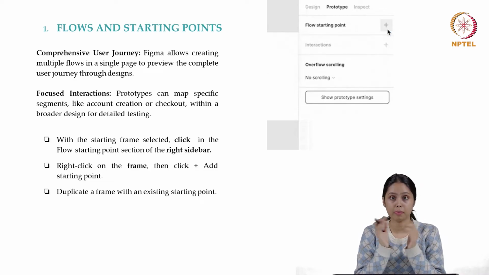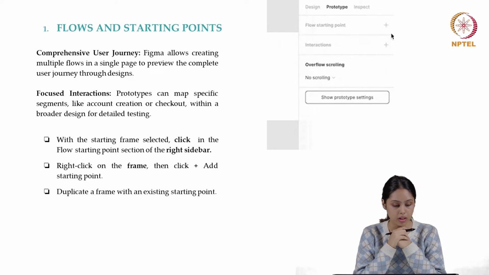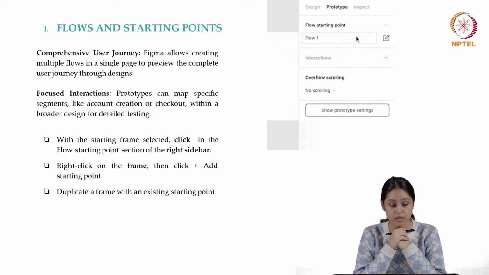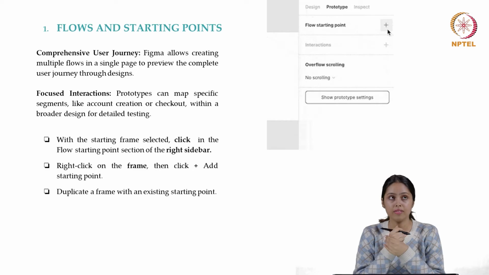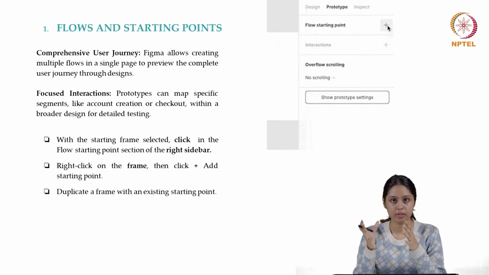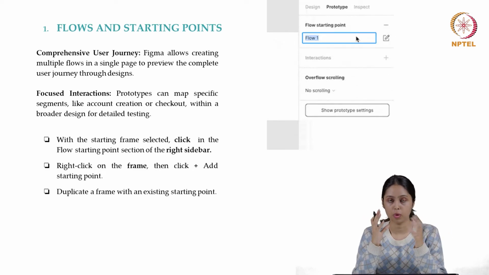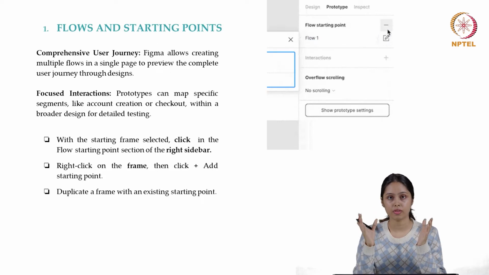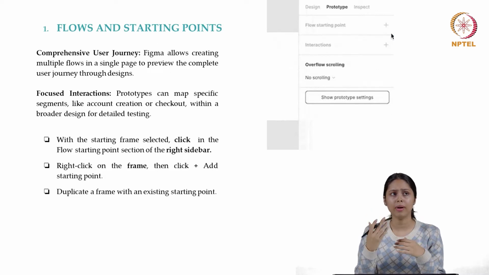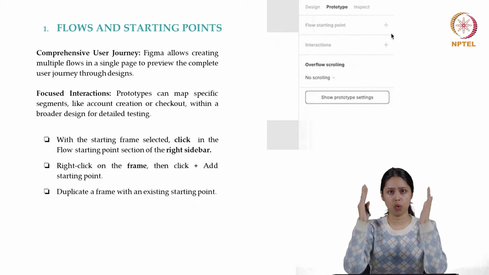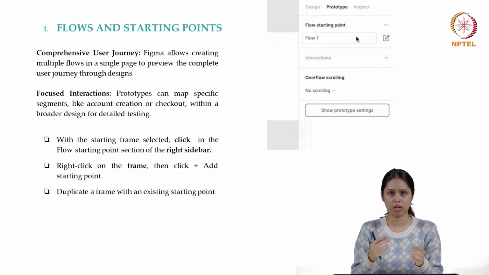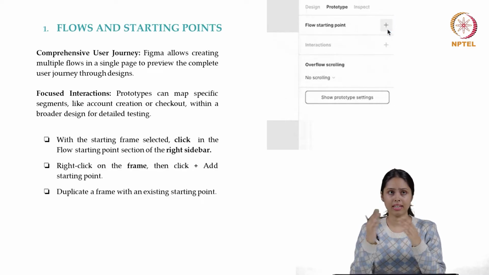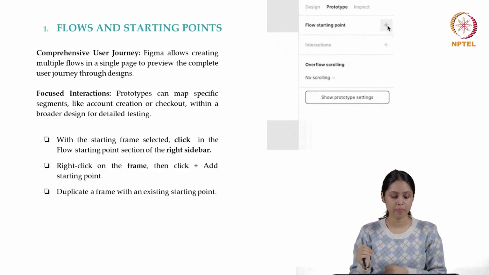So let's get into it. We'll be talking about some basic tools that we can use in Figma to make prototypes. The first one is flows and starting points. When you open an app, like the example we took before, you have the first page, which might be a login page, or a page with the logo of your website or design, a punchline, and an image.